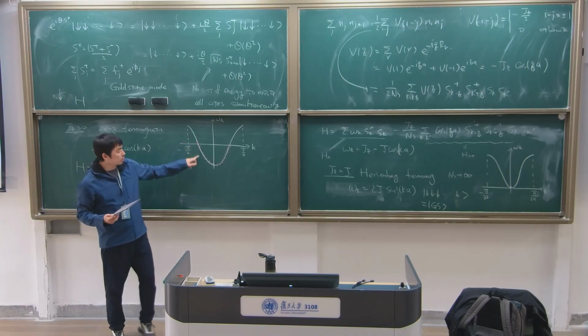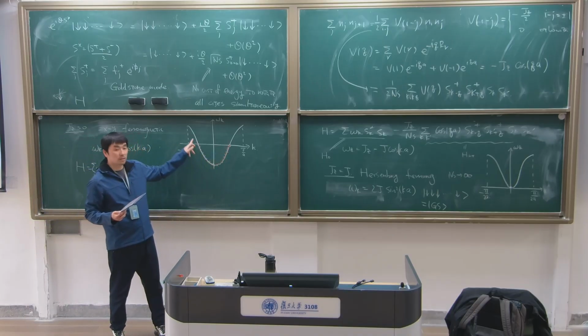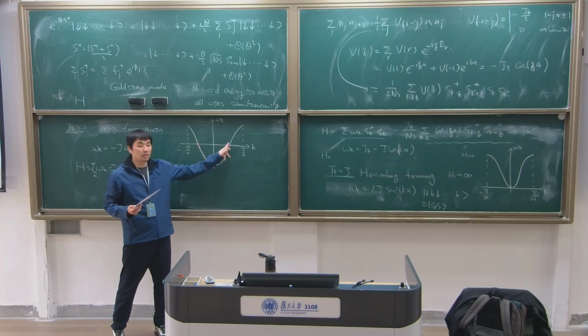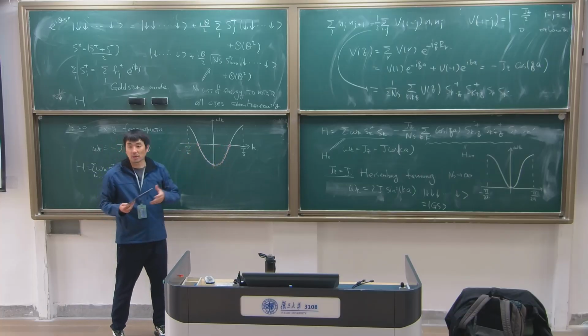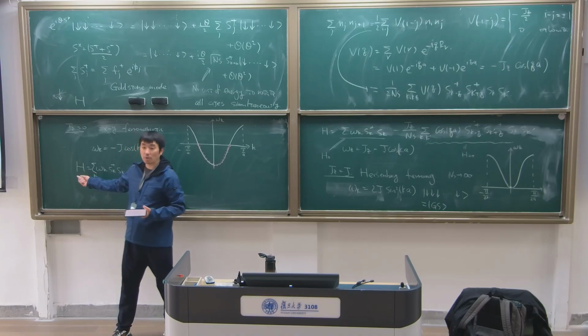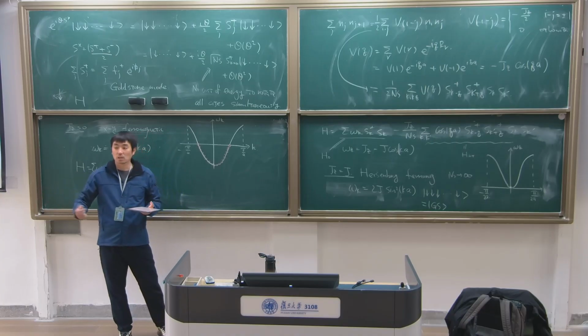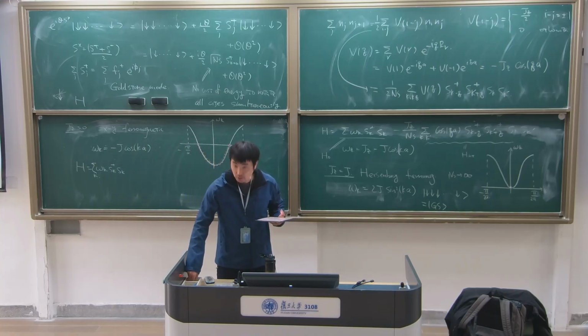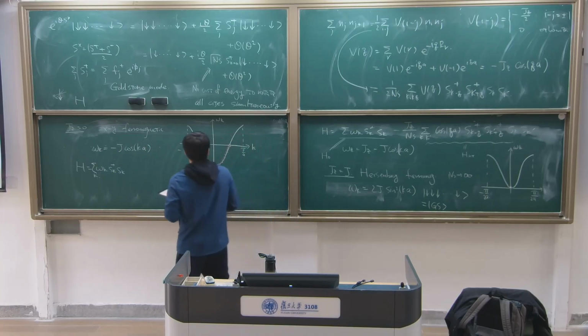And you can just fill only this part for the ground state. Since it's negative, if you fill it up, H becomes lowest. Is it okay? H becomes lowest.